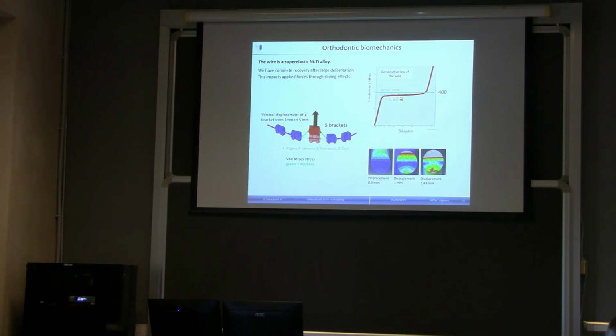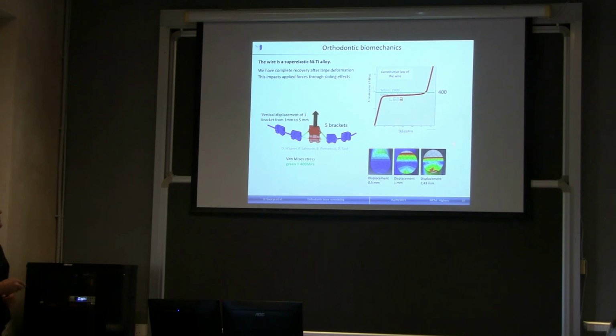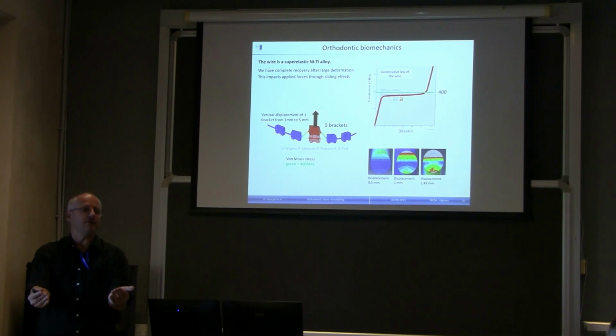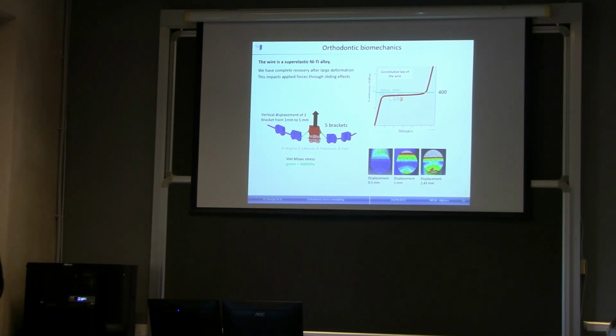However, when we increase this displacement to higher values, above 2 or 2.5 millimeter, very quickly we see some stresses which are above the yield stress, which means that for large displacement treatment, you do not have the complete elastic recovery that drives the tooth displacement through the bone remodeling.